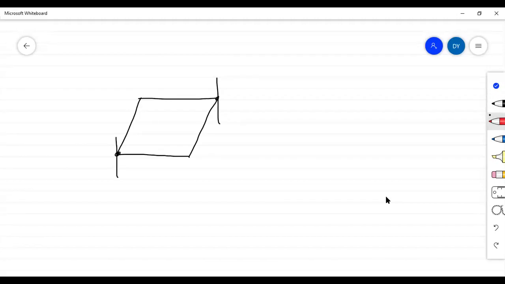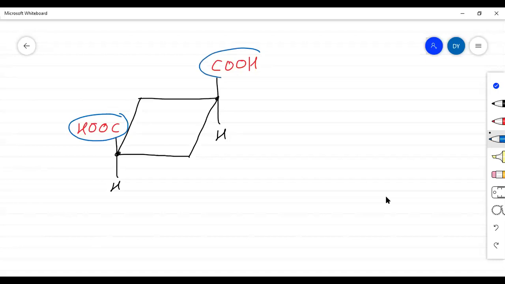So here COOH and here COOH. Now as you can see here, the COOH groups are on the same side of the plane. Okay, they are on the same side. That's why this compound is called cis.